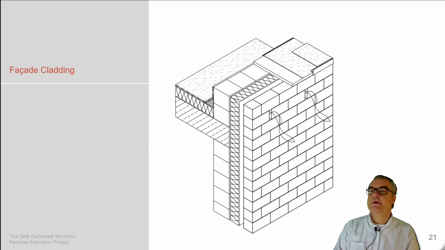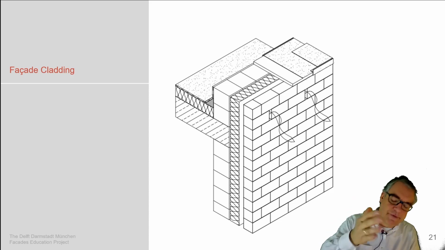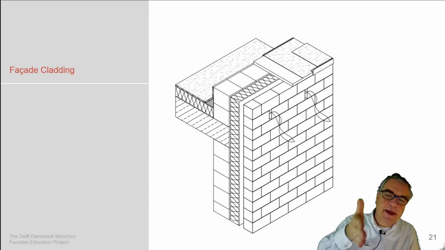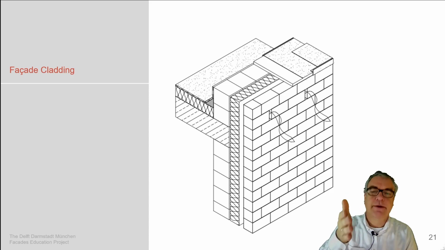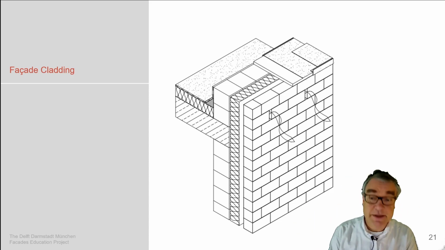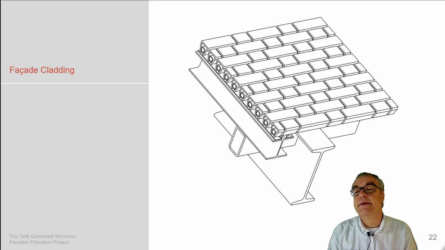But we also can do this with an additional layer of clinker bricks, very well fired bricks at the outside, which then again act as a rain screen at the outer shell of this ventilated facade, as is already explained in other lectures.